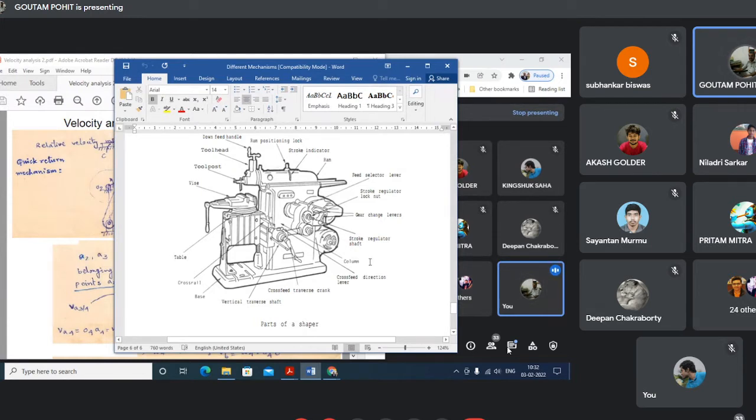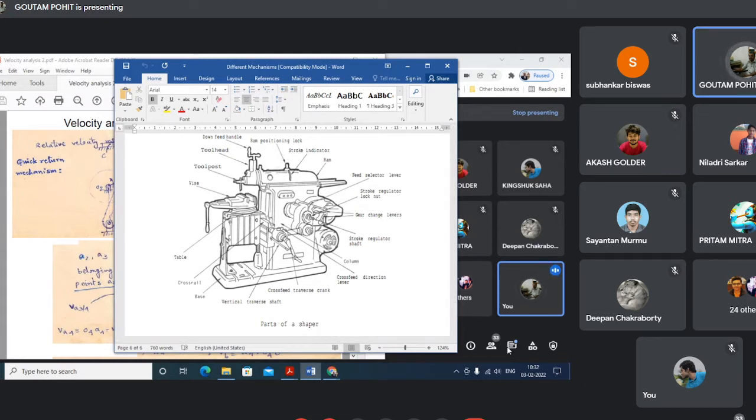There is some gear arrangement to have this to and fro motion, and naturally the cutting motion is the forward motion. Backward motion is an idle motion. No material is being removed, so this is actually lost time.